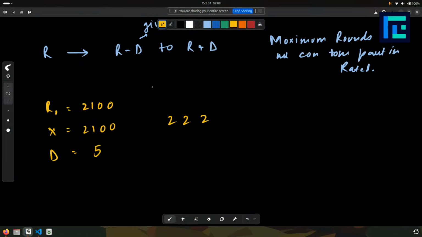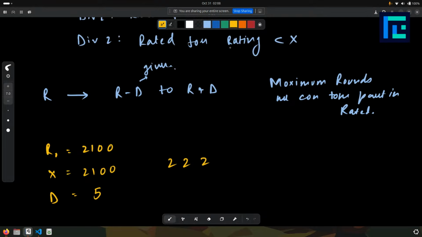So basically to participate in div 2, our rating should be less than X. And since our rating is 2100, which is equal to X, we will not be able to participate in any of the div 2s. So the answer would be 0 for this test case.